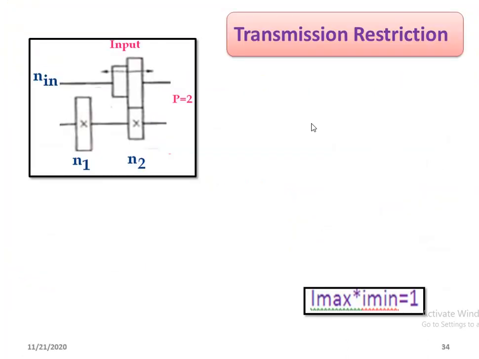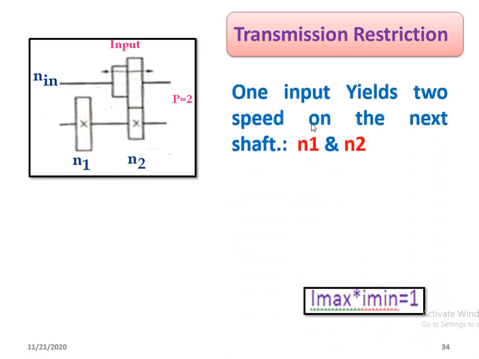The transmission restriction for any machine tool gearbox is that I max into I minimum is 1. Here one input yields two speeds on the next shaft, that is N1 and N2. So here is the N1 we got and here N2 we got.